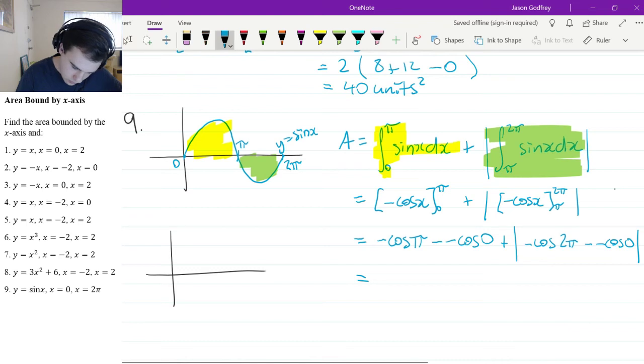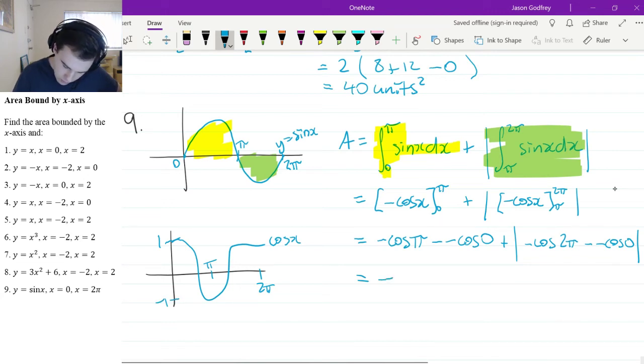However, I'm just going to draw a very dodgy sketch of cos x, so that's 2 pi and that's pi, and this is 1 up here and negative 1 down here.